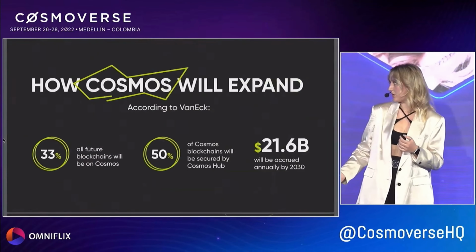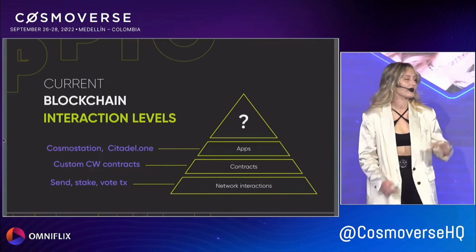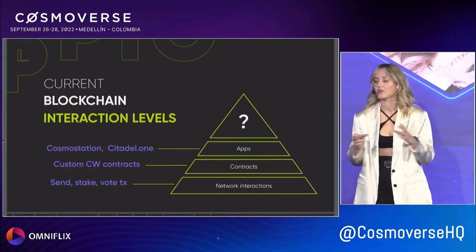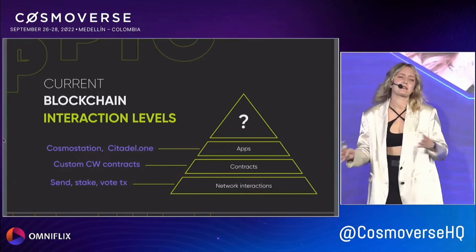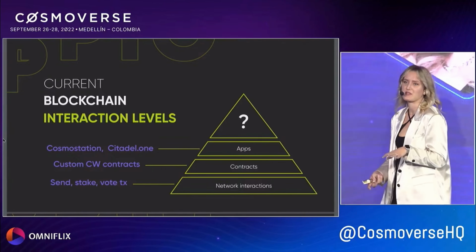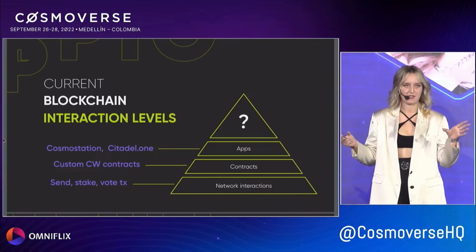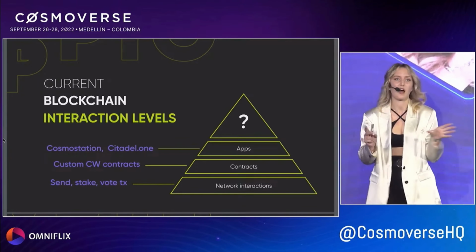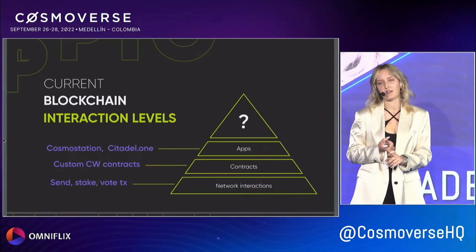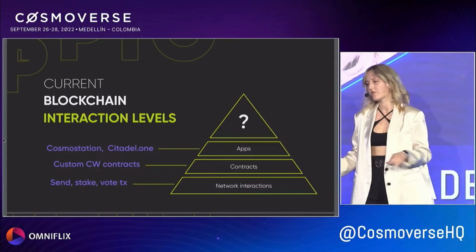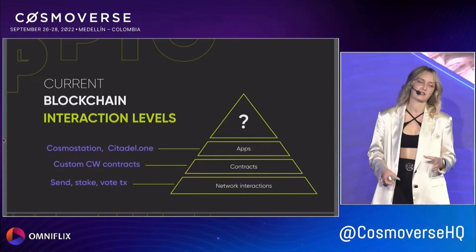So the basic level: the network interactions that are enabled by the network by default are like send, stake, vote, or some network specifics. And then we expand the functionality to contracts. And contracts can be anything, like custom CosmWasm contracts, decentralized autonomous organizations, fungible and non-fungible tokens. We can get even more, and you still need an interface to interact with that.